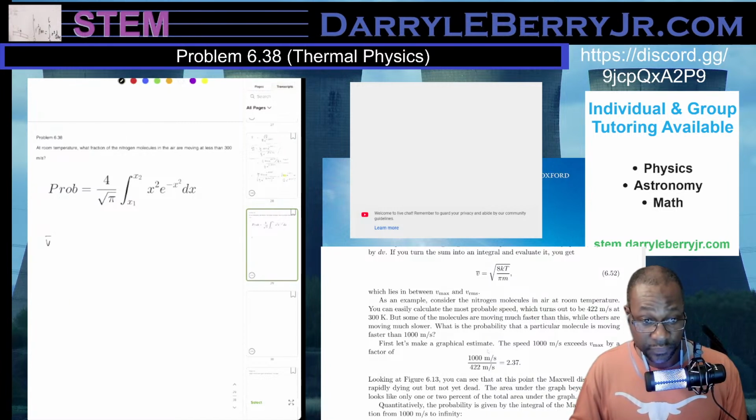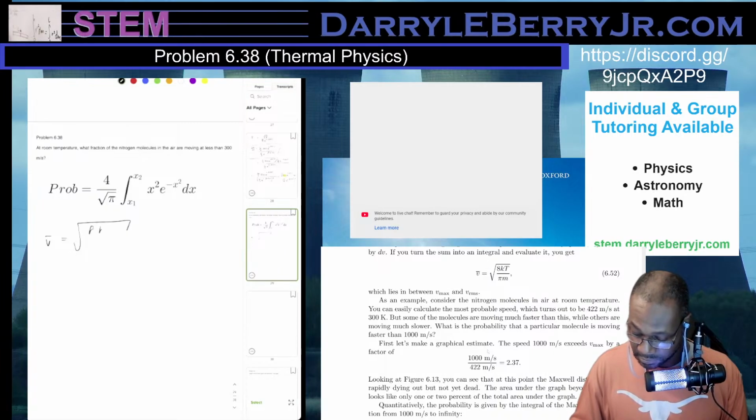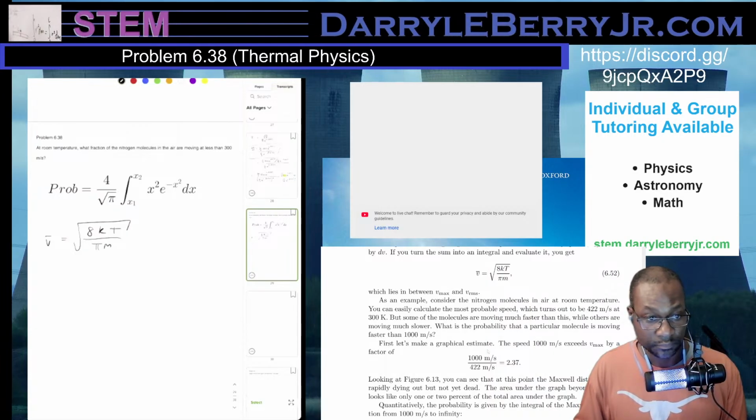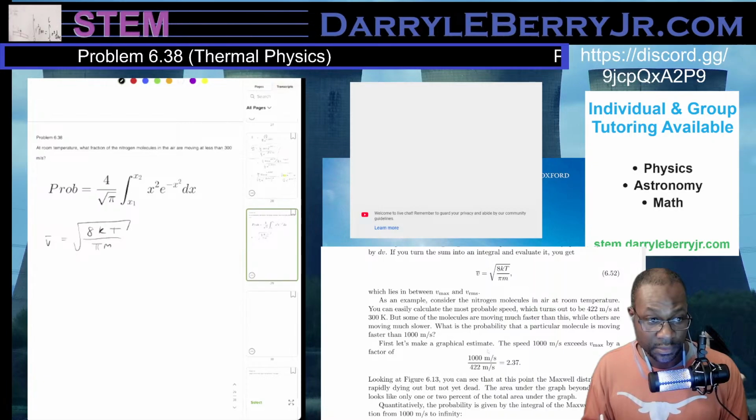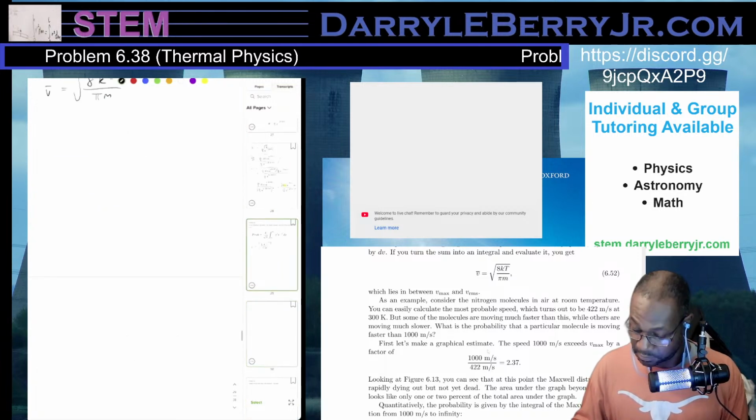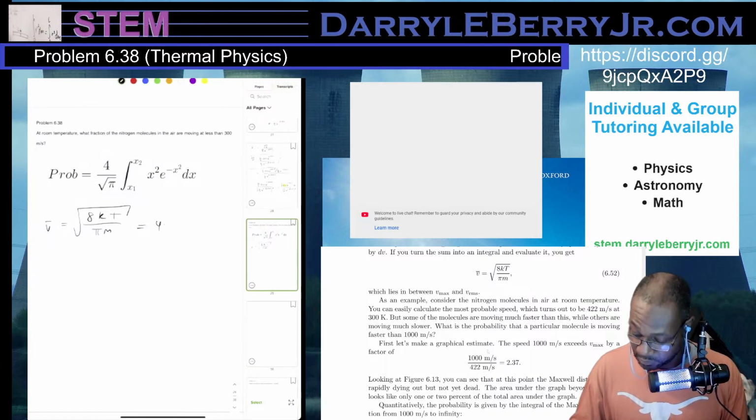The average equals the square root of 8kT over pi m, which for nitrogen equals 422 meters per second.